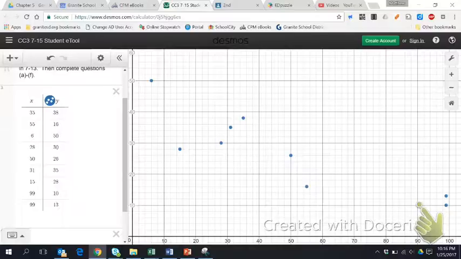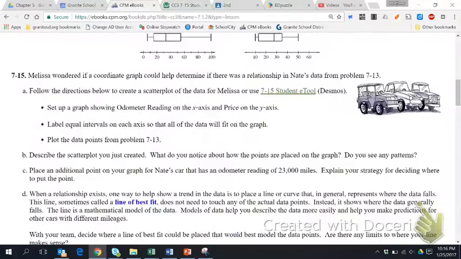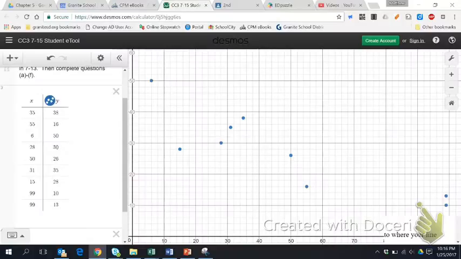So one thing that I'm noticing as I look at this, there's not a clear pattern. They're not all lining up nicely for us. However, just because I don't see a super clear pattern, that doesn't mean that there's nothing there. So one thing that I am seeing is a bit of a downward trend of these.